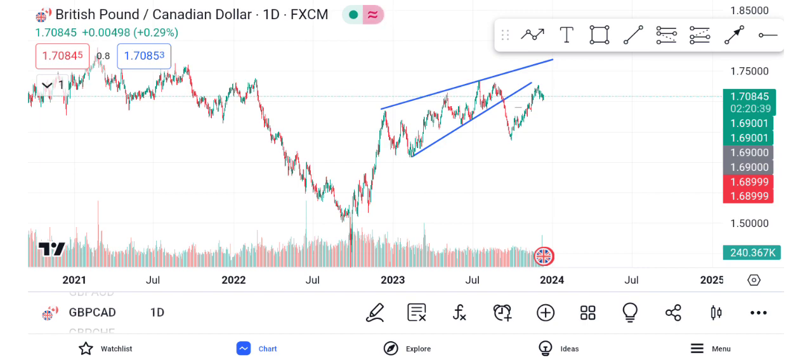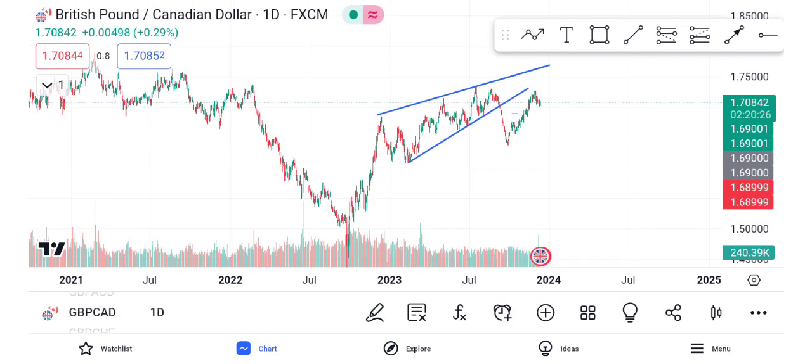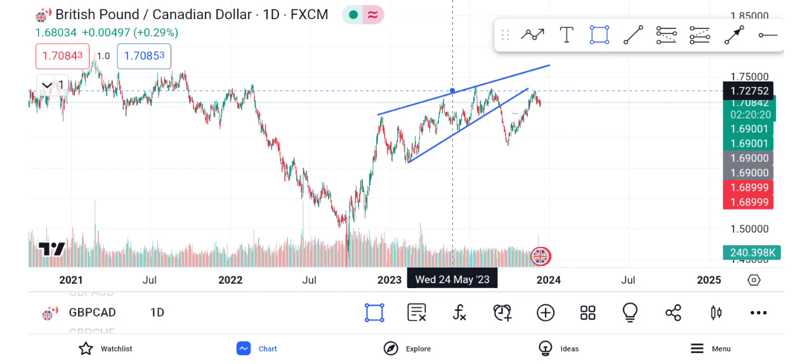So after the breakout of that rising wedge, the price retests back to the resistance level. After the breakout of the rising wedge, the price retests back to the resistance level there.